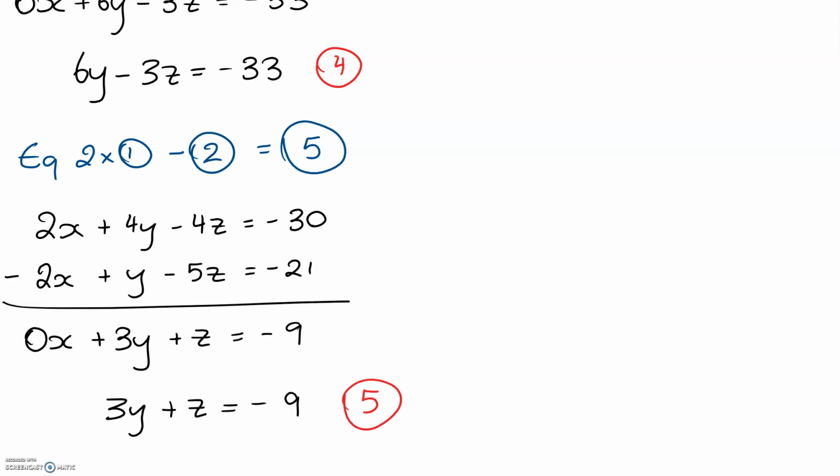Now I want to get rid of y, or z, whichever one I choose, from equation 4 and 5 to then find the missing variable. So I'll come on this side over here and draw a line. I've got equation 4, and I want to subtract 2 times equation 5, so I get rid of the y's.